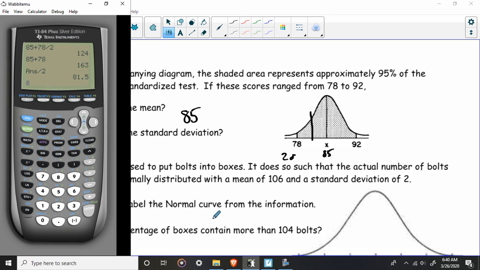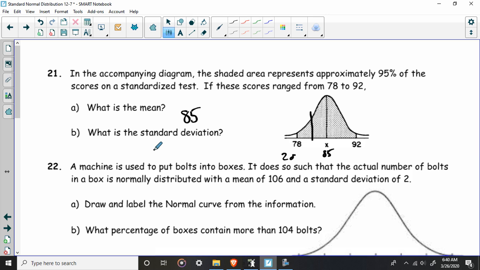So again, 81.5 is 3.5 away from 85 and 3.5 away from 78, right? So what's your difference here? 7, and half of 7 is 3.5. So what's your standard deviation? It's going to be 3.5.